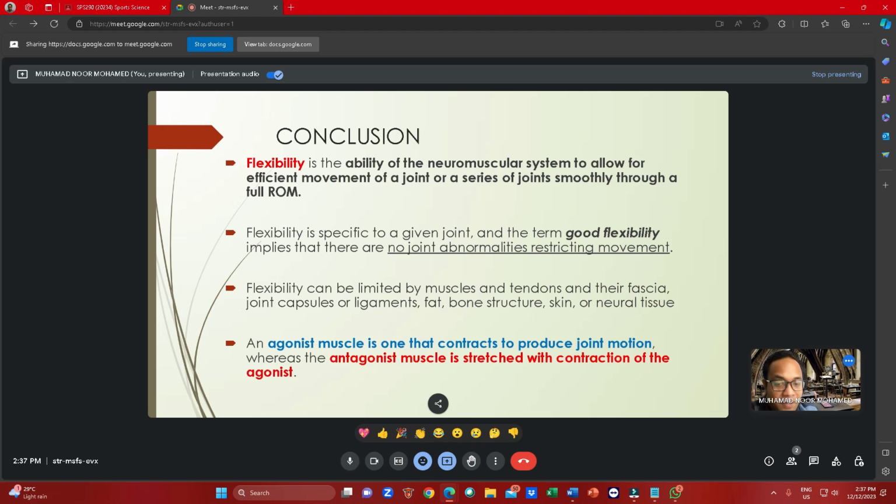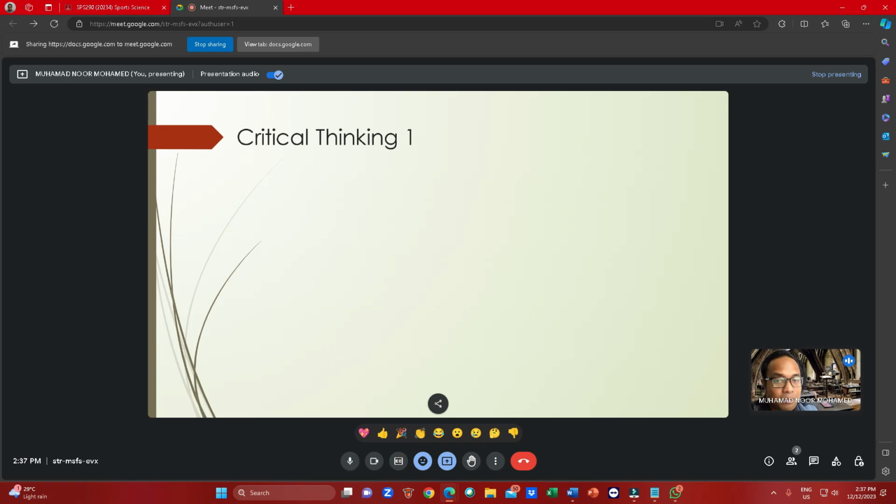Okay, an agonist muscle is one that contracts to produce joint motion, whereas the antagonist muscle is stretched with contraction of the agonist. In other words, we need to stretch both our agonist and antagonist in order to get a full effect of ROM towards our moving muscle or body part.